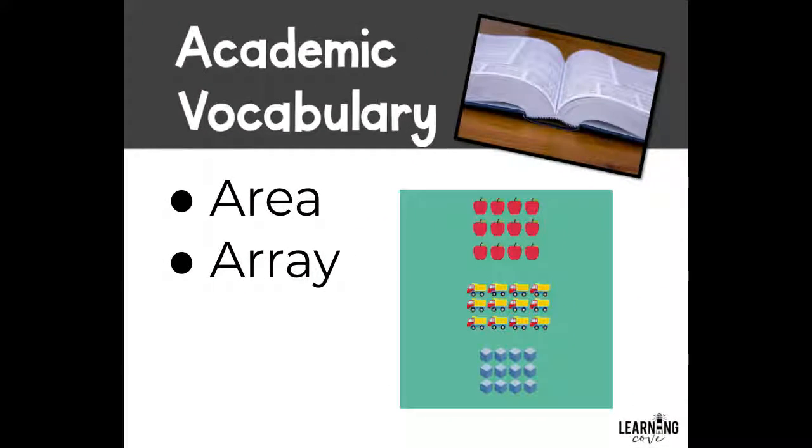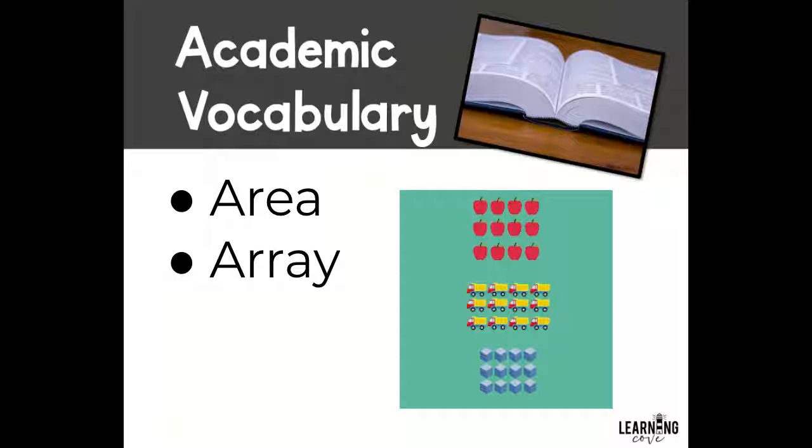Here's some of our academic vocabulary we're looking at. What do you think? What does area mean? What is an array? We can use the pictures to guide our thinking.